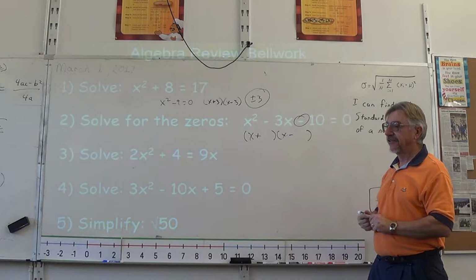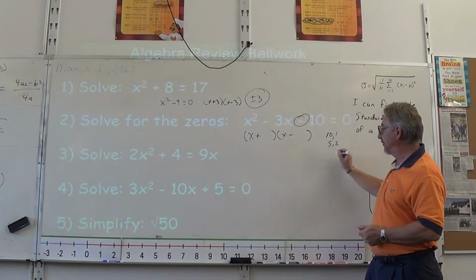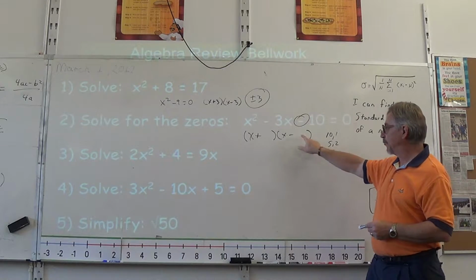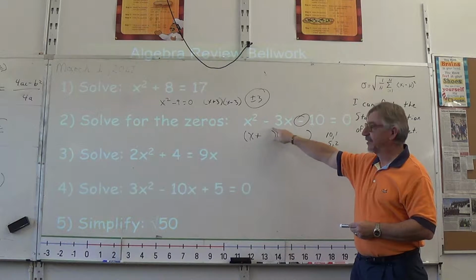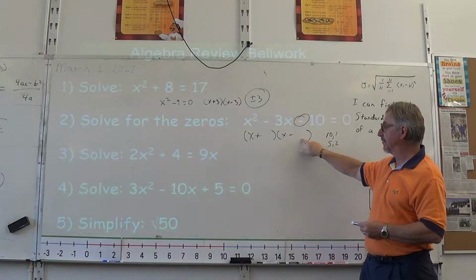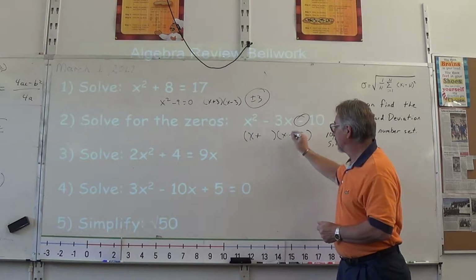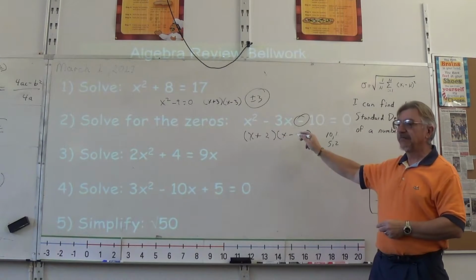Okay, so my factors of 10 are 10 and 1, 5 and 2. So if I put in minus 10 plus 1, that's going to give me minus 9. But if I put in minus 5 plus 2, I'm going to get minus 3. Okay, so this is my factoring.